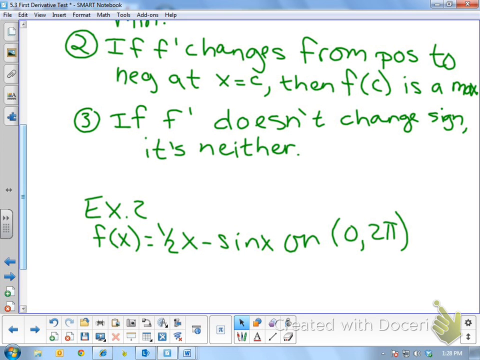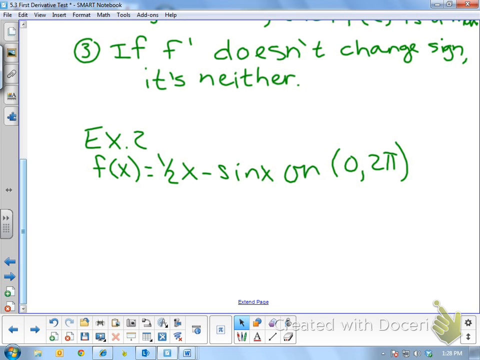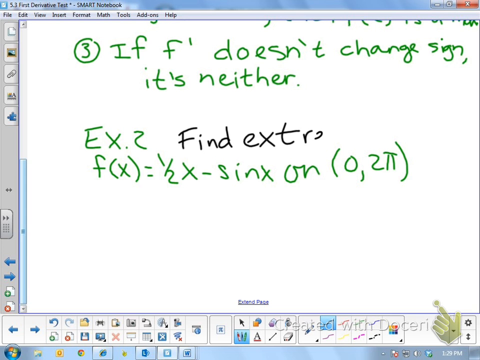So we're trying to find the extreme values, which means we still need to do the same thing we were doing with extreme value theorem in that we do need to find the critical points.